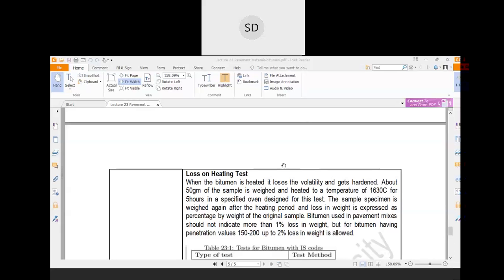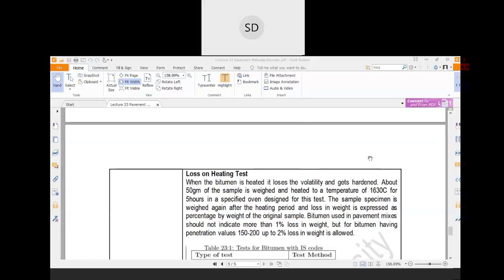So whenever you gradually increase the heat of the bitumen, or you go through a cycle of heating and cooling, in that case some weight of the bitumen would be lost. So basically the loss on heating test is the test to know what percentage of weight the bitumen content loses because of the heating and cooling cycles.